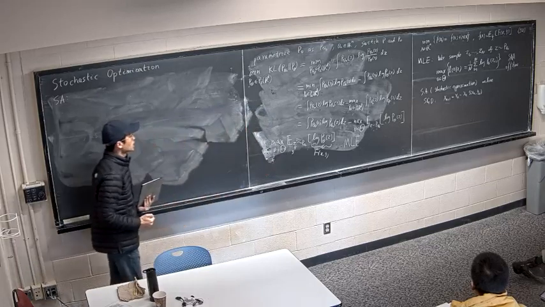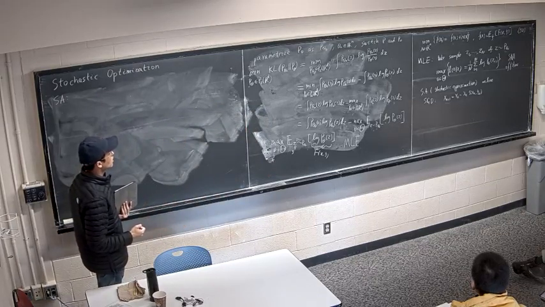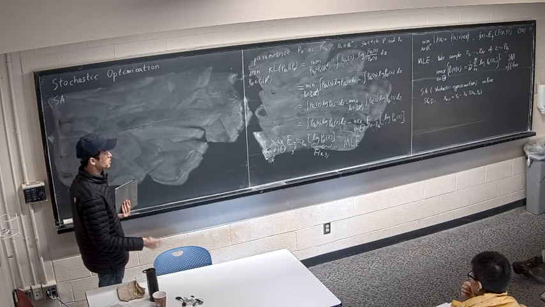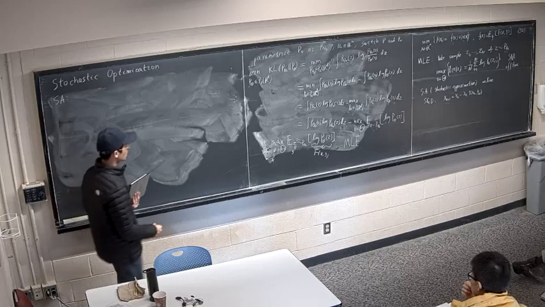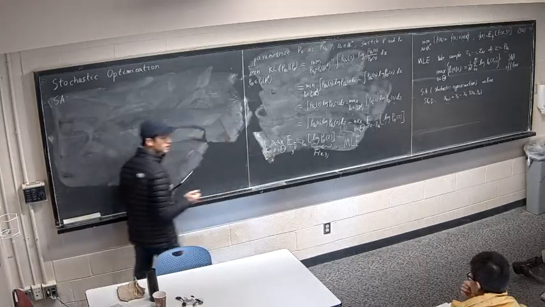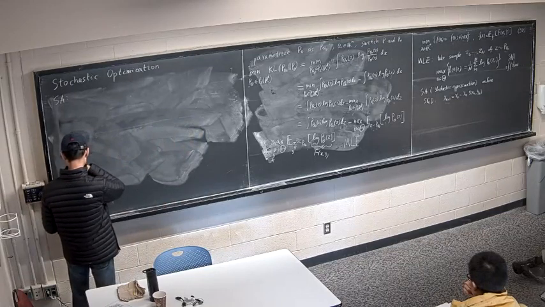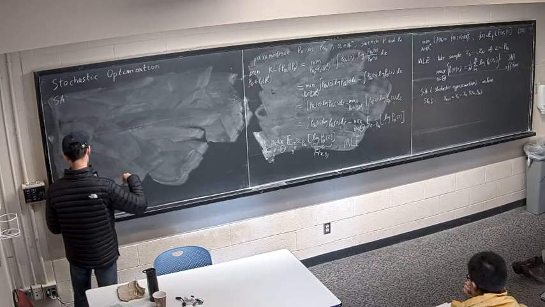But can we quantitatively say how large the number of samples should be? Can you give something like a convergence rate? How fast will your approximation converge to this true objective here? So we need the following technical results.